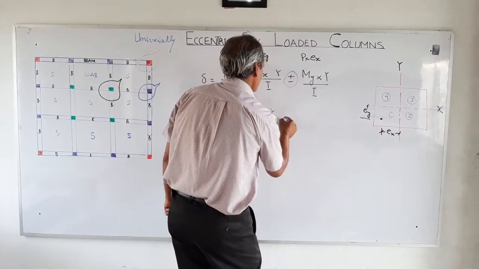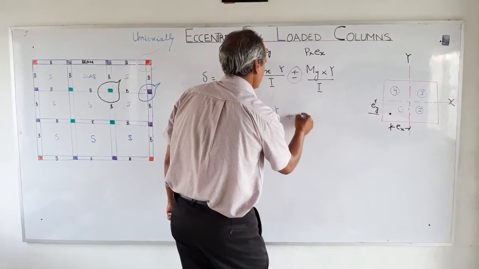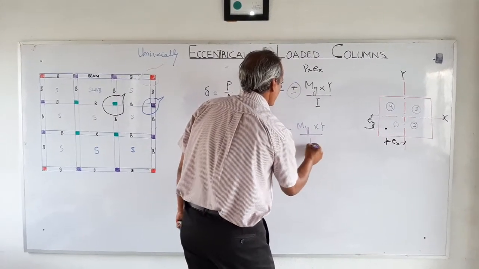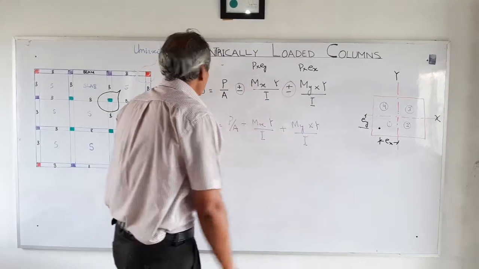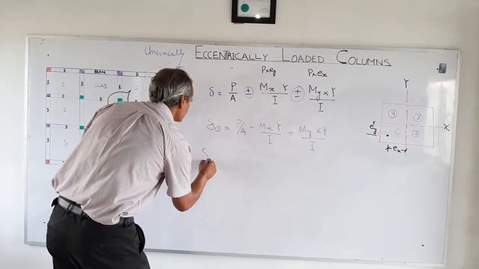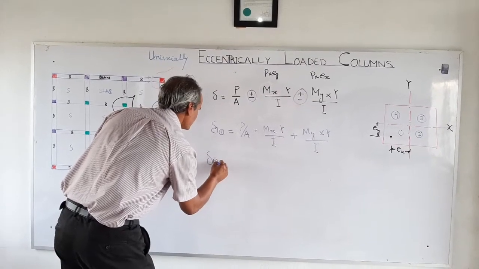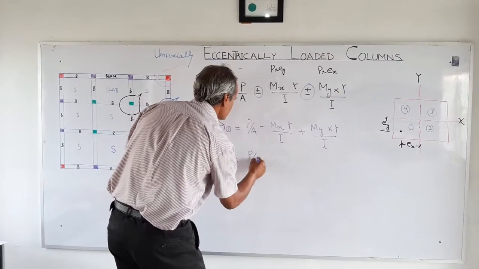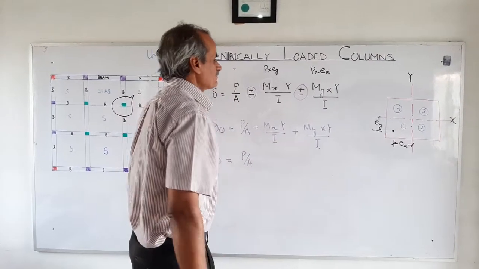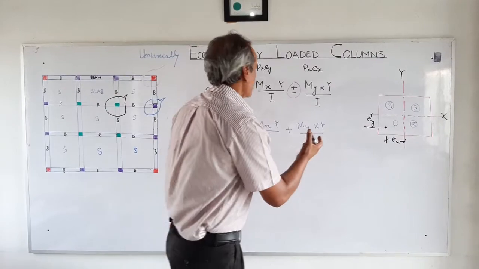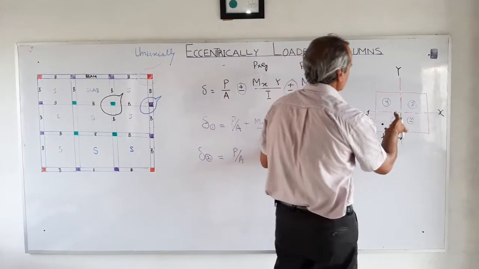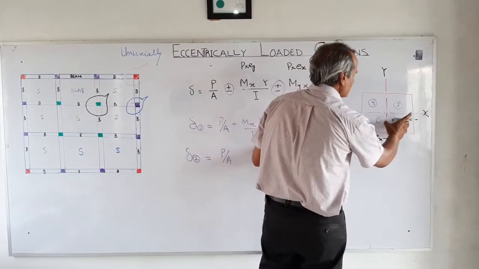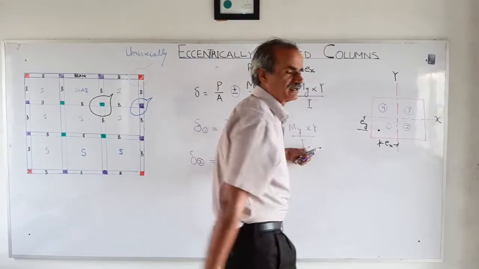So both the signs chosen over here shall be positive, plus My over I. For the second quadrant, it is all related to common sense. The first term shall remain same. Now you see, for Mx, that is the moment being caused about the x-axis, again this half is experiencing compression.